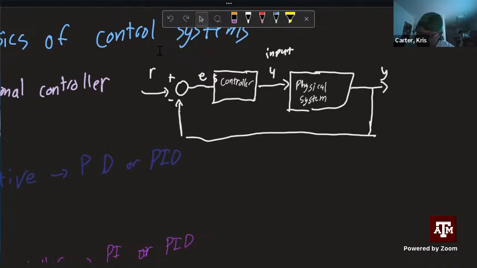And then if there's a feedback loop, there's a large amount of times where there will be a sensor to detect how much the outputs change.